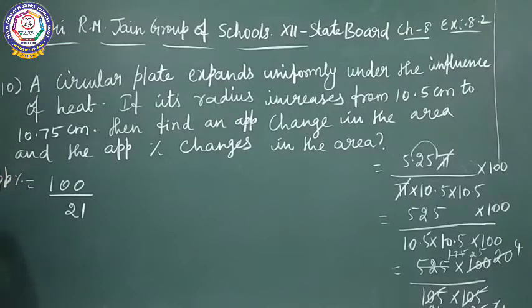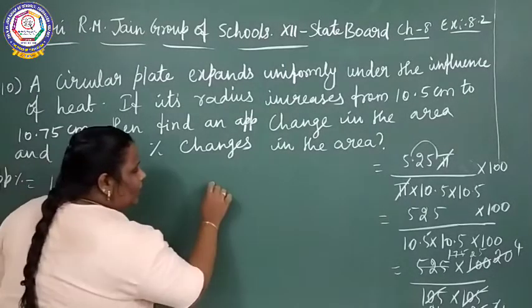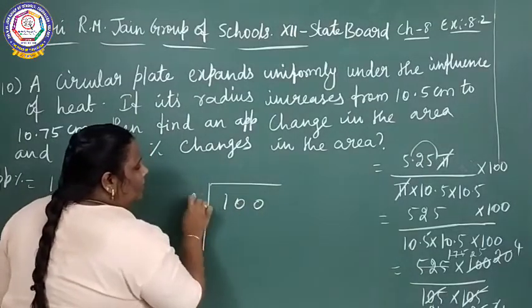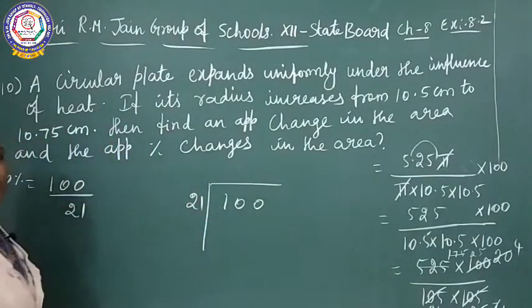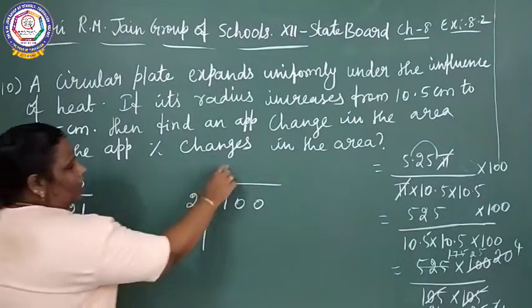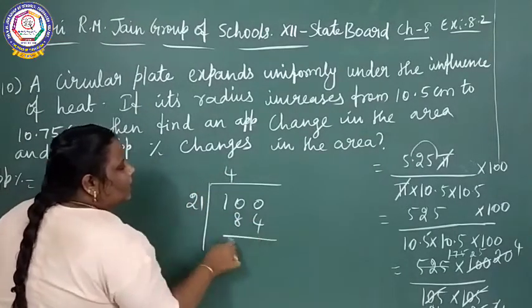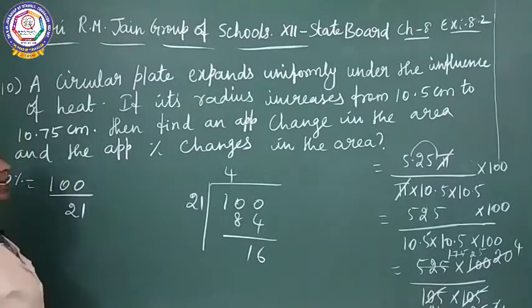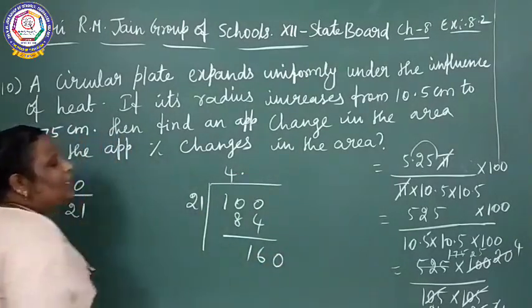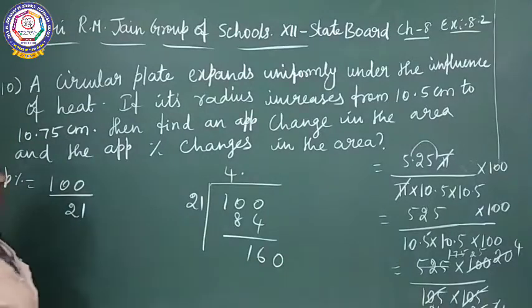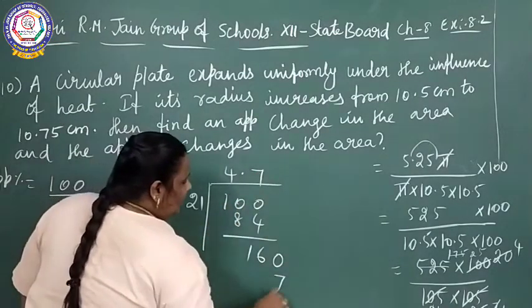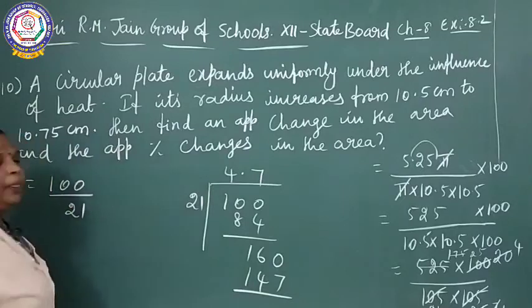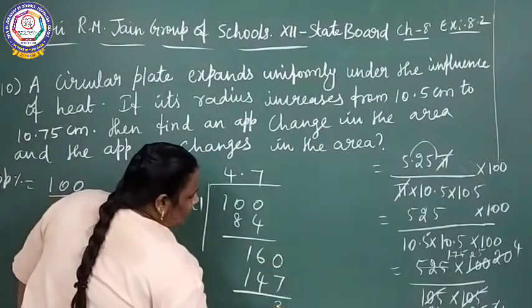Approximate percentage change in the area. You will divide 100 by 21. 21 4s are 84. Balance 16. 21 7s are 147. Balance 3.